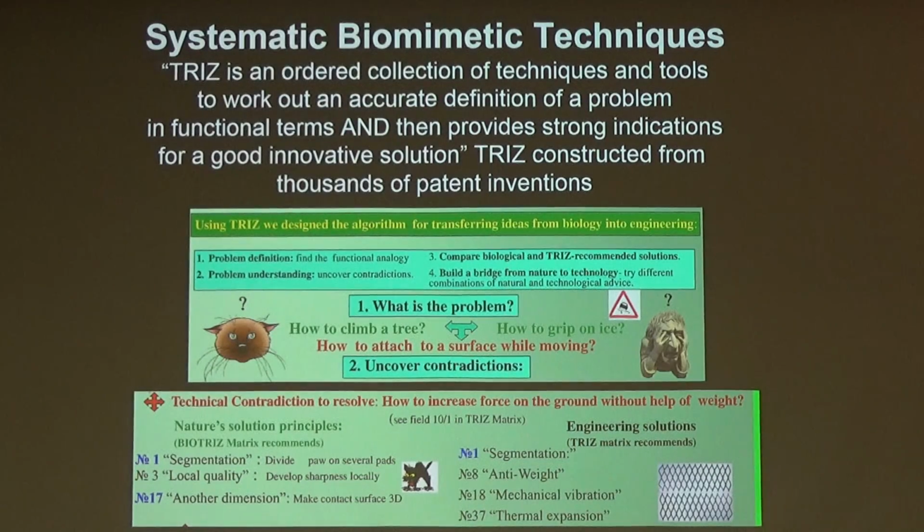One of them that I really like to use, and it's really a powerful method, is one of these systematic biomimetic techniques. It's called TRIZ. That's an acronym, derived from a Russian method for problem solving.